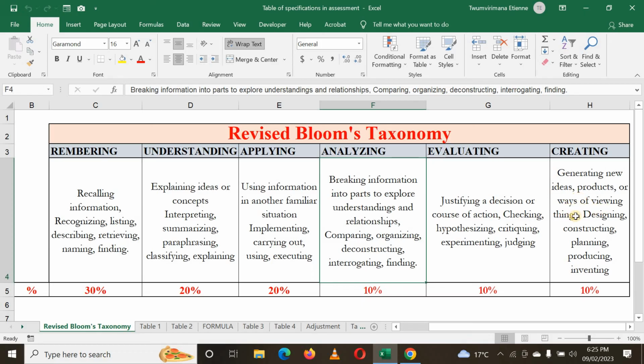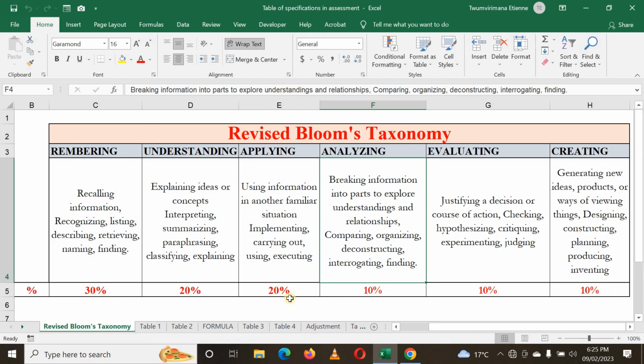Ways of viewing things: a student can see things and start creating new things, generating new ideas, designing, constructing, planning, producing, inventing. These are verbs that require students to create new ideas. Down here you see there are percentages. You can see the 30%, 20, 20, 10, 10, and 10%.